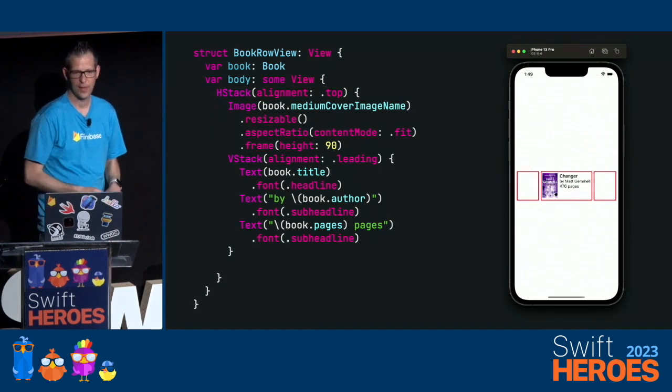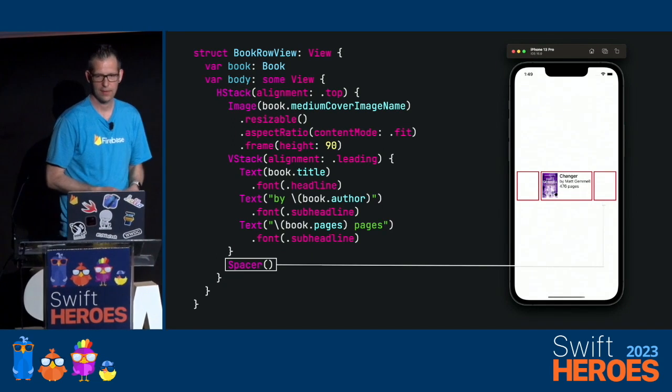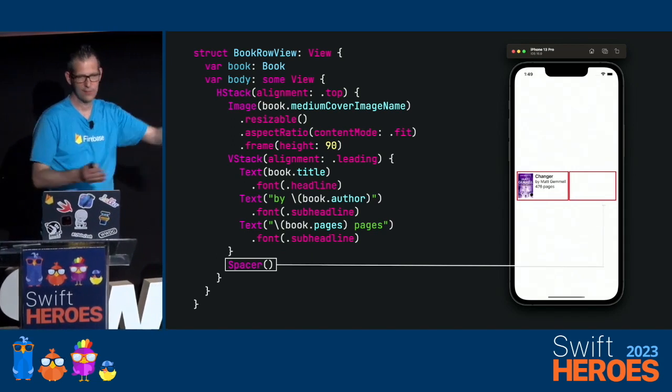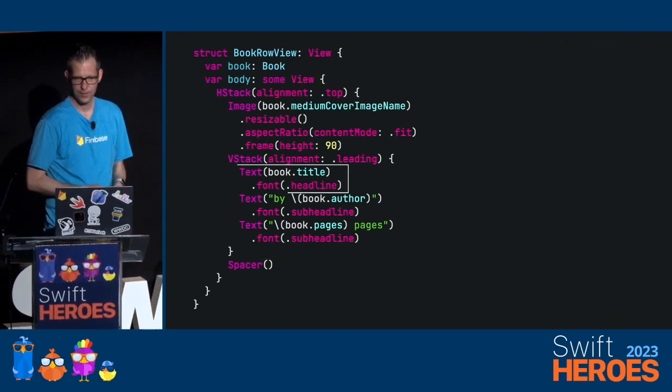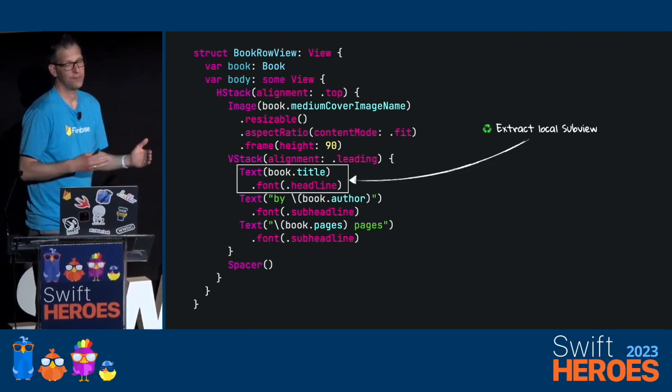We can fix that by adding a spacer at the end. That's the simplest solution. And what will happen is it will just squeeze everything to the left, and now it looks like we want it to look. Cool.